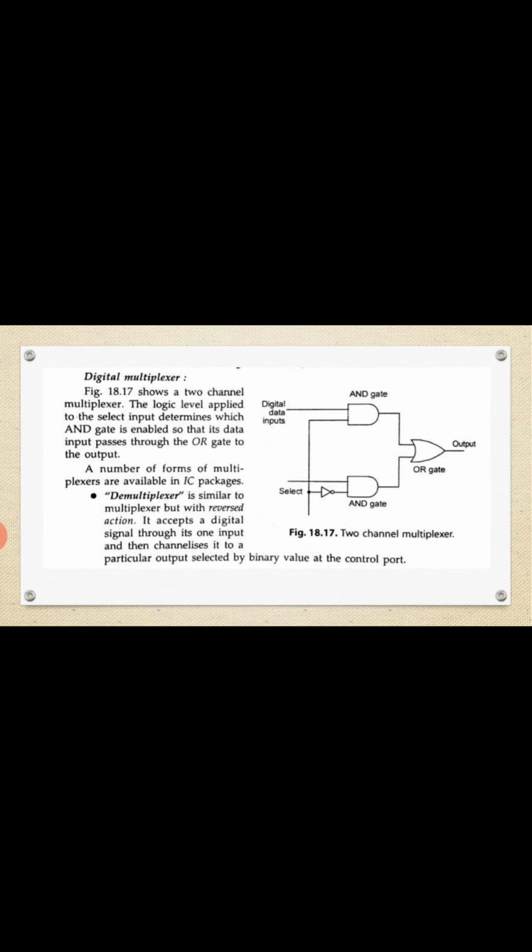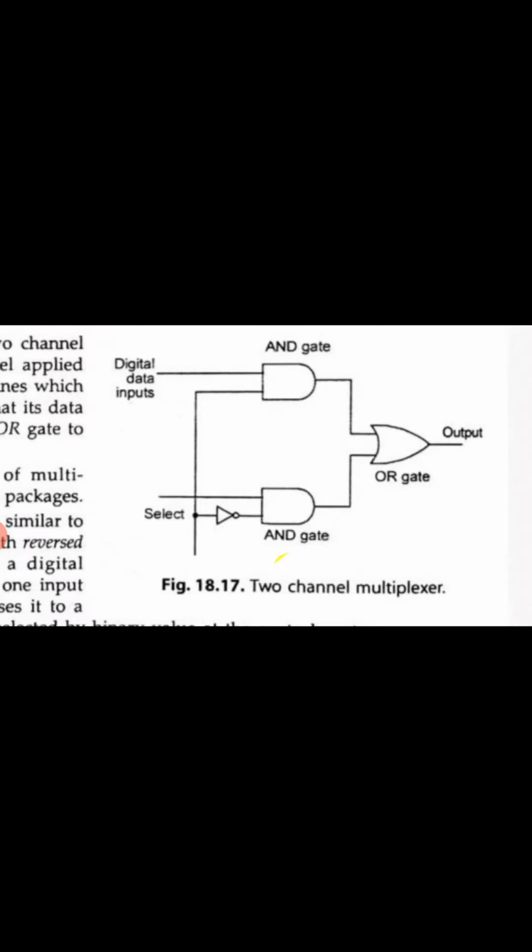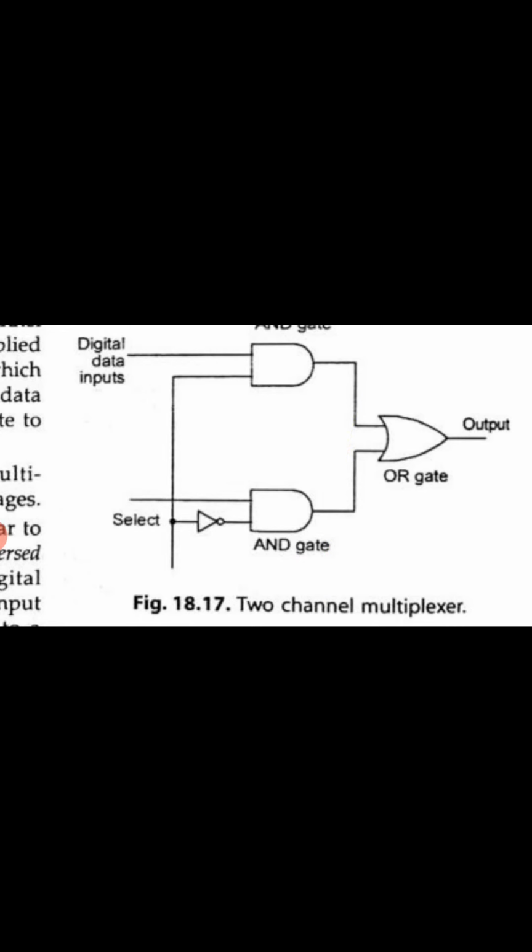The explanation of how it works is not given here, so you can just analyze the digital data input. It is difficult to explain here. Anyhow, I will call the two AND gates upper and lower, A1 and A2.